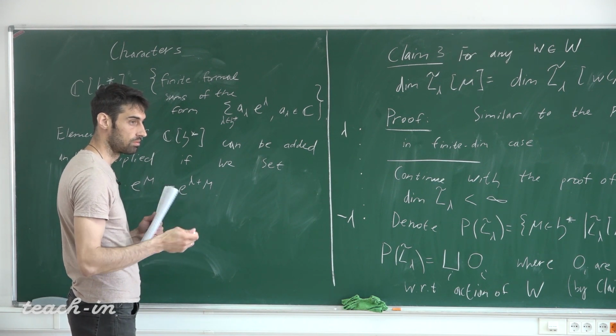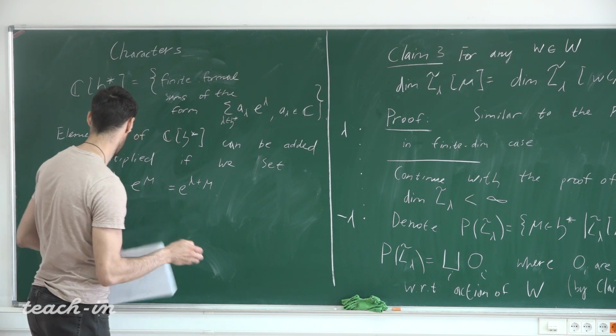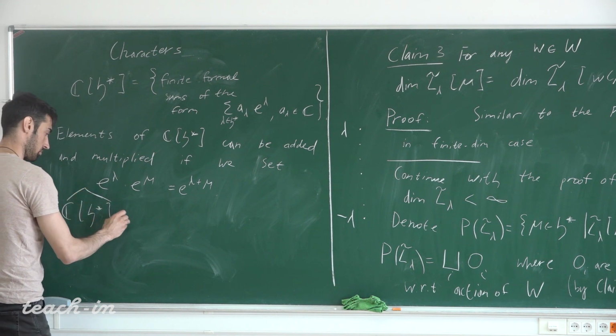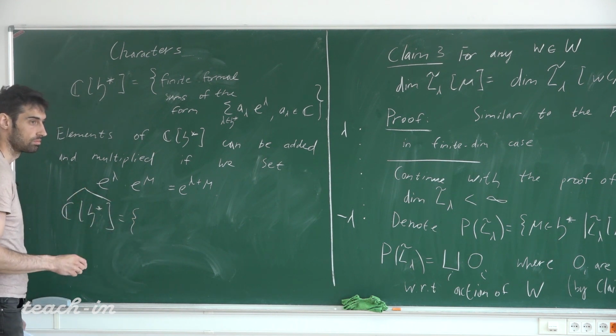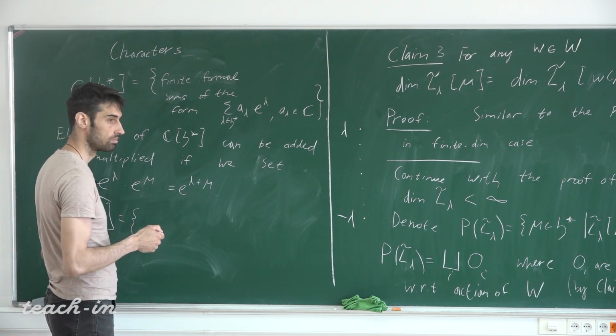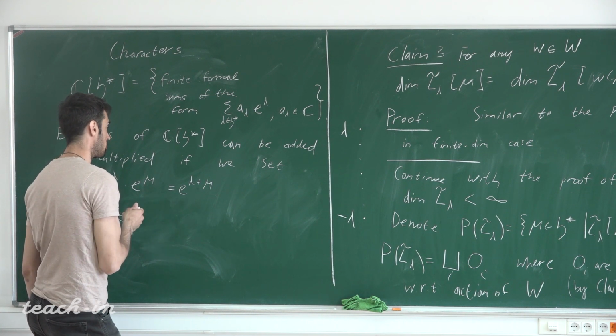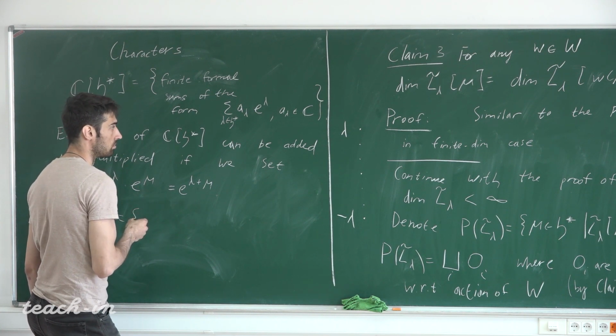It is not clear how the sum is defined, for example when two elements of h star are proportional to one another?